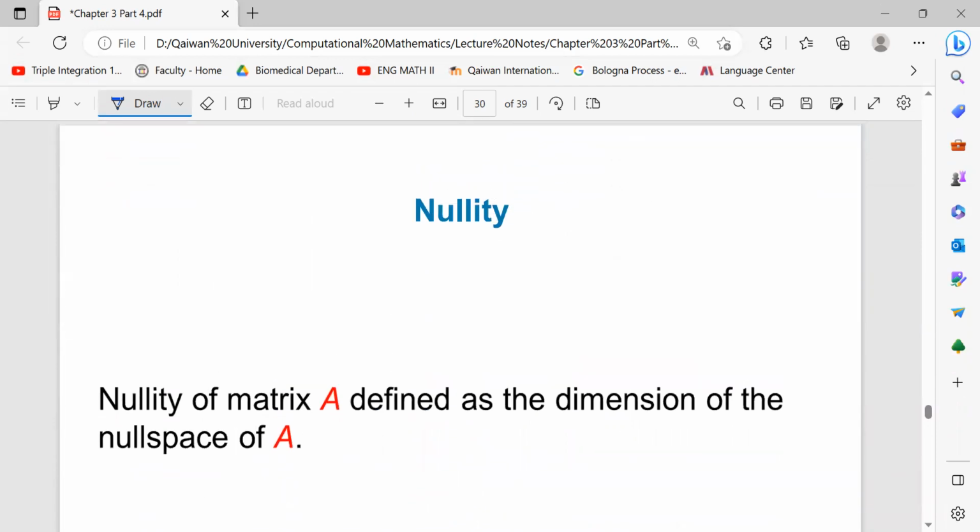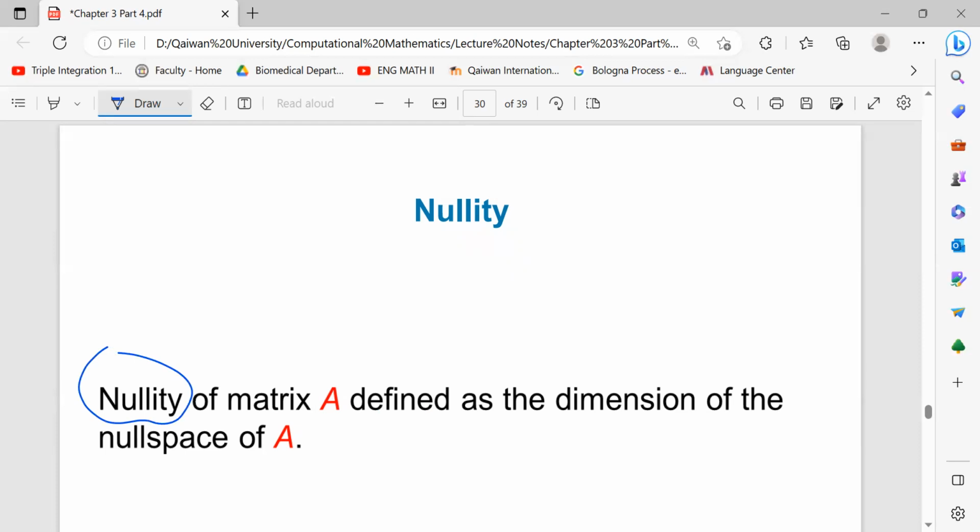Then we have nullity. The nullity of matrix A is defined as the dimension of the null space of A. So we first need to find the null space. The dimension of the null space is called nullity.